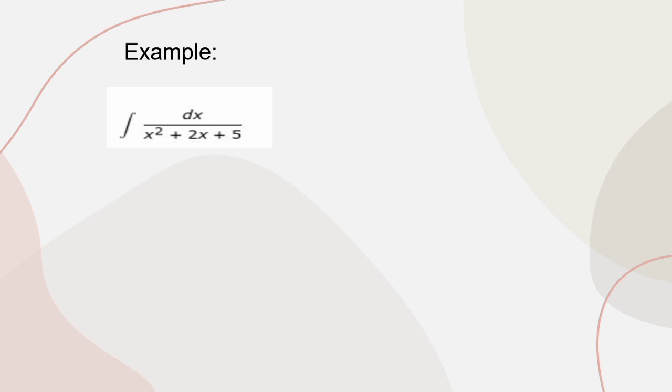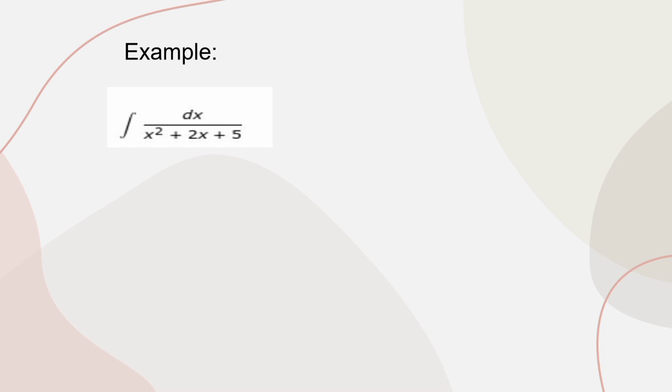So, for example, the integral of dx all over x squared plus 2x plus 5. First, we see that the denominator is a quadratic expression. At first glance, it appears that it cannot be factored.